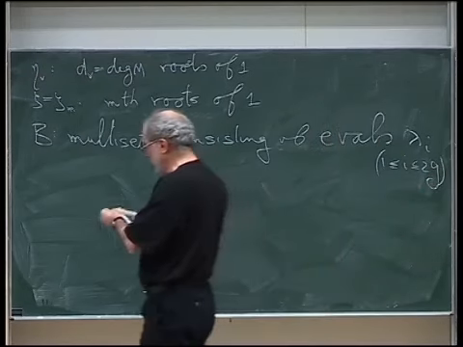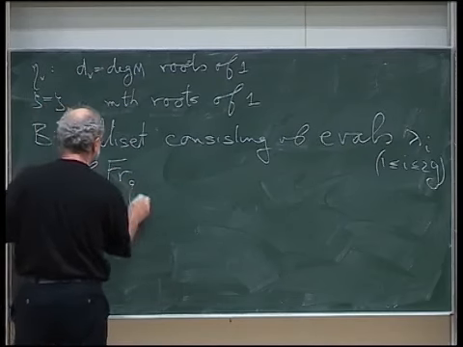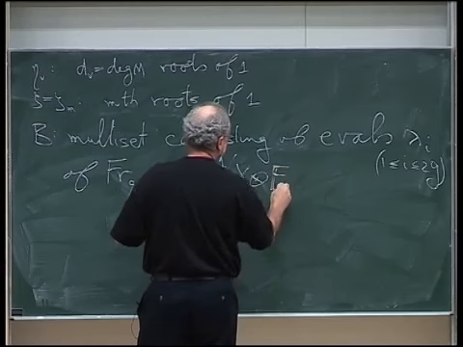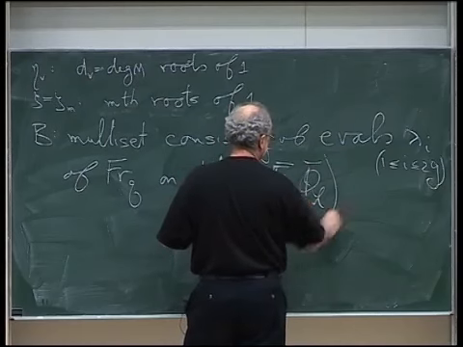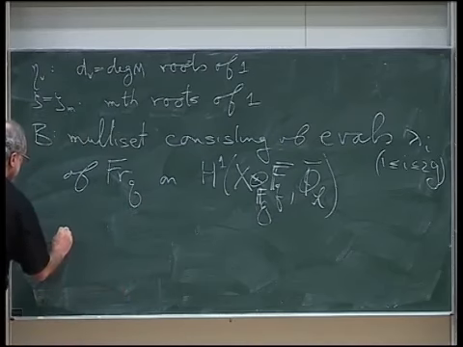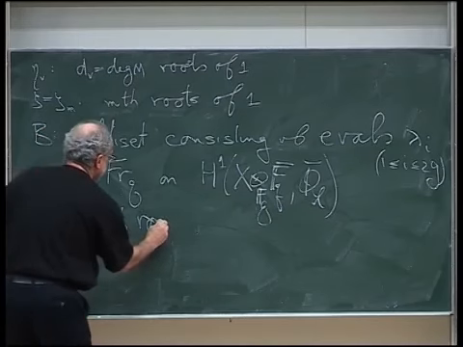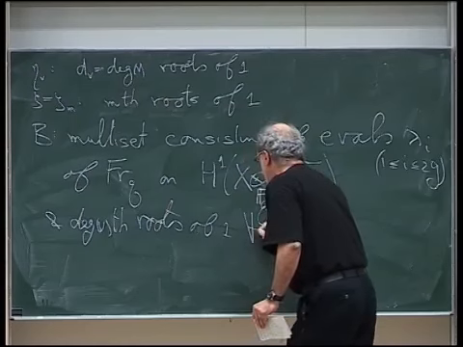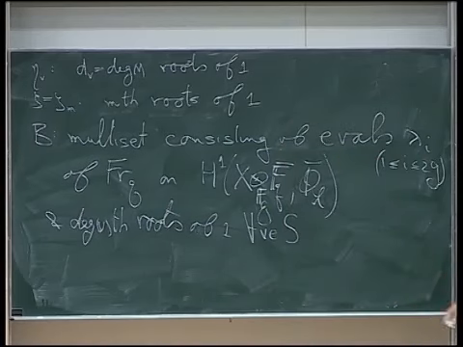And these are the eigenvalues of the Frobenius, which is acting on our cohomology. And then I want to include the degree v roots of unity. And these we will do for every member of the finite set.